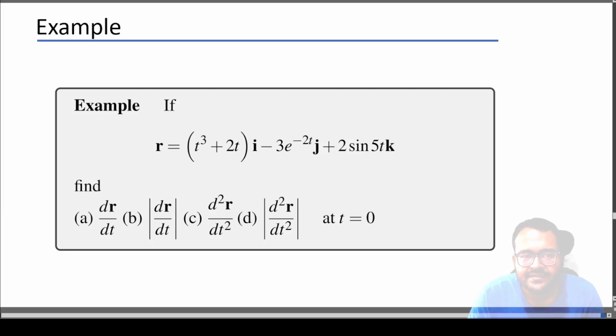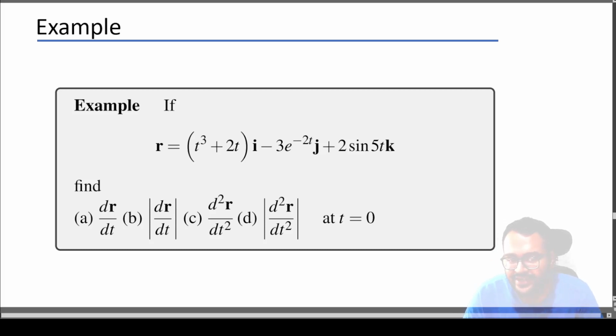Okay, say you have a position vector as a function of time: t cubed plus 2t i cap. It should have been in hat, or if we write it in bold form, that is simple, okay. As a function of time, t cubed plus 2t i cap minus 3 to the power minus 2t j cap plus 2 sine 5t k cap.